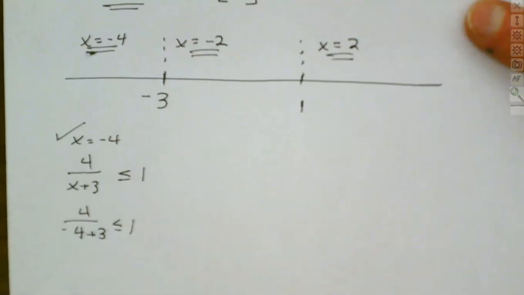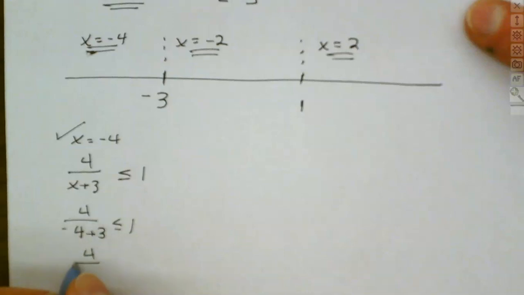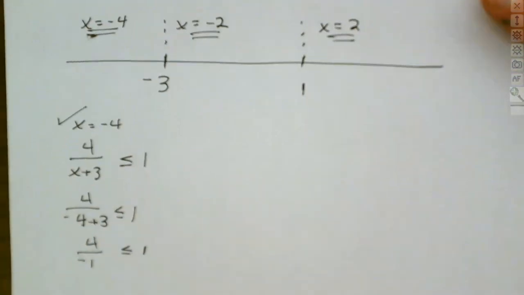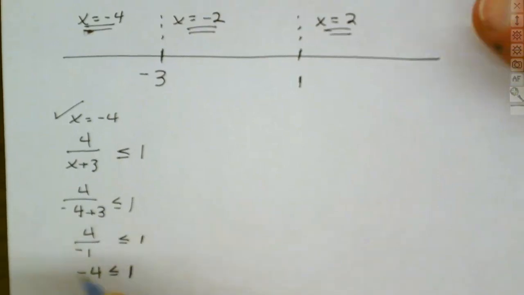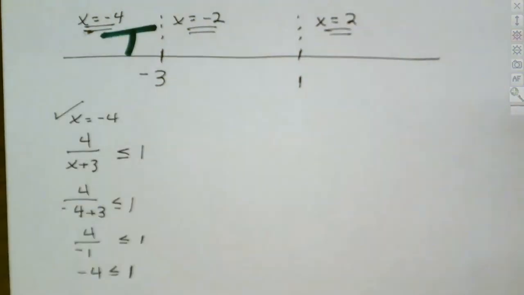And -4 plus 3, that's a -1. And that's then a -4. And is -4 smaller than +1? Is -4 smaller than +1? Yes. So that means this piece would be true.